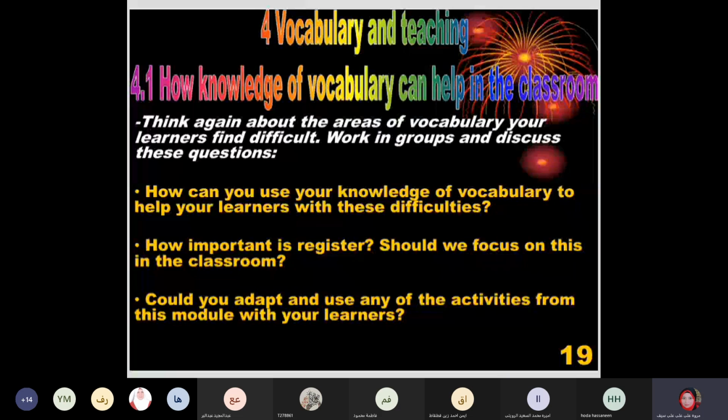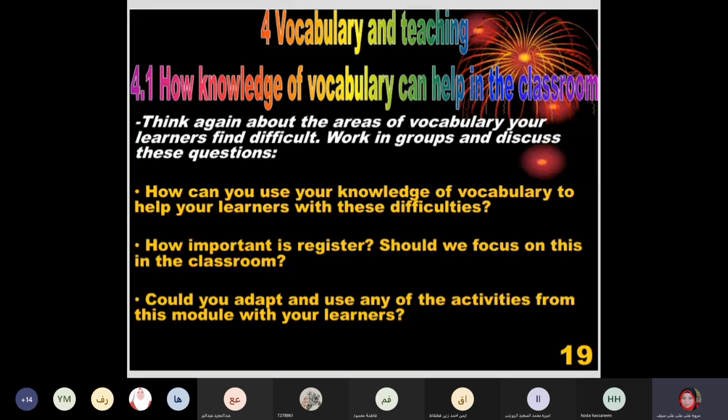Okay, so the first one is how can you use your knowledge of vocab to help your learners with these difficulties? After I studied all these terms and all these aspects of vocab, and I am a teacher going tomorrow to my classroom to have a lesson, after knowing all these areas that we have studied today, how should this help me inside class?